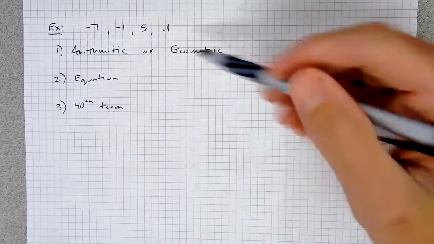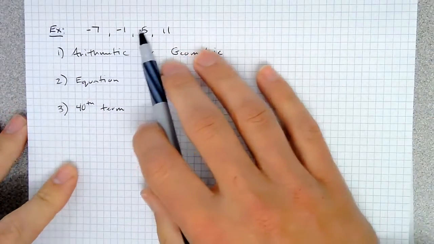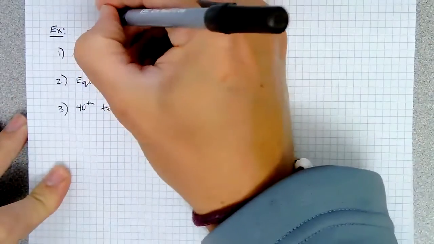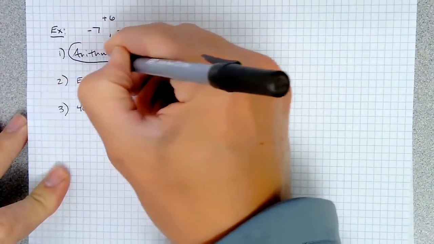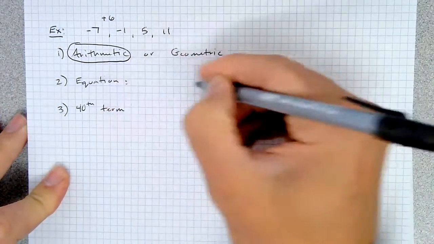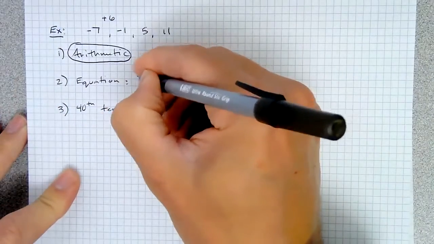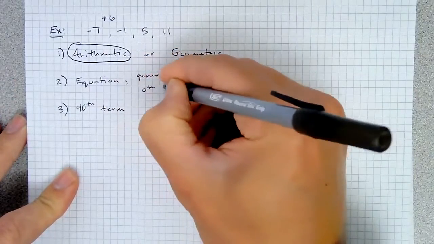Not too bad going around, taking a look. We go from -7 to -1, -1 to 5, 5 to 11. Hopefully we identify that we're adding 6 each time, which makes it arithmetic. So for our equation, we need our generator and our zero term.